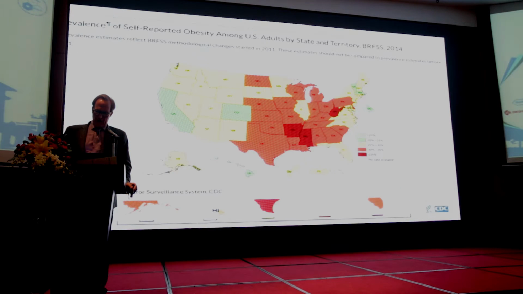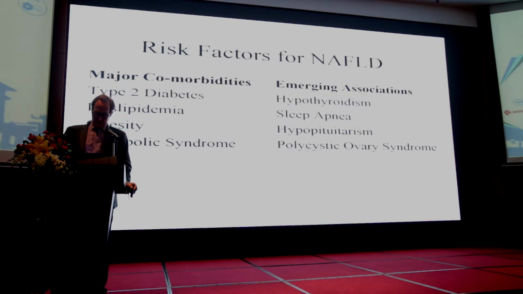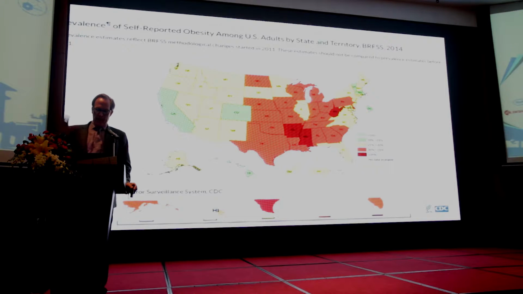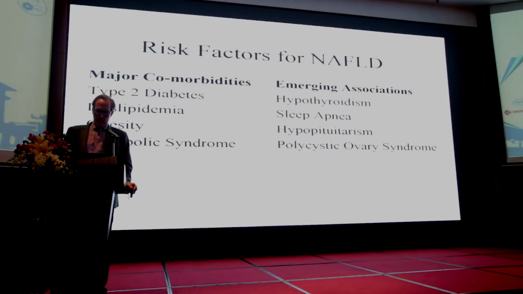And by 2014, we now have half the country at this very high rate of obesity, in some states over 35%. This is being driven by multiple different factors: behavior, environmental, and genetics. And we'll talk about how you can use those in your practice today.